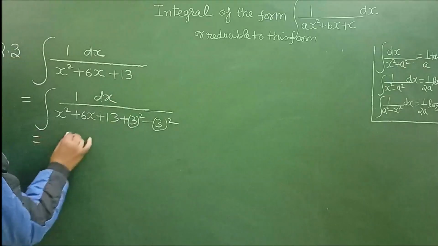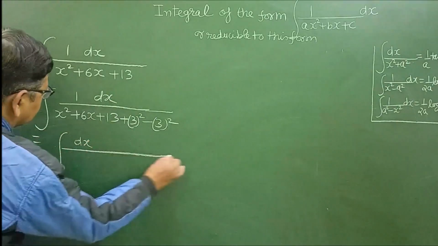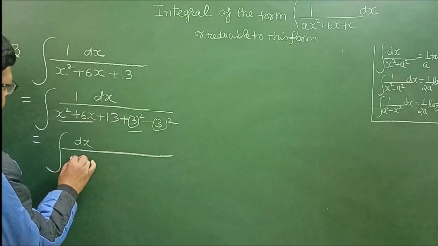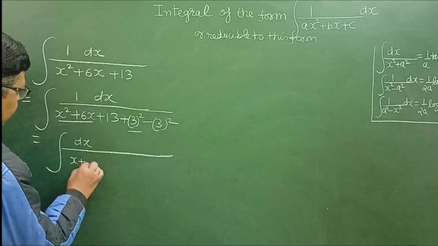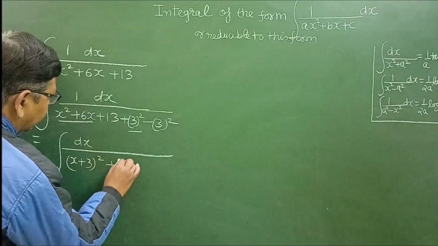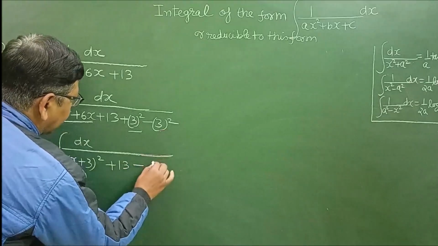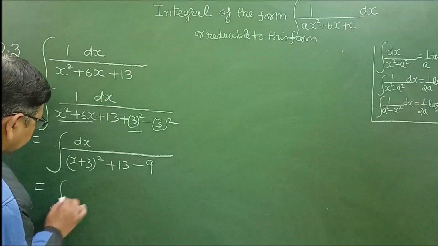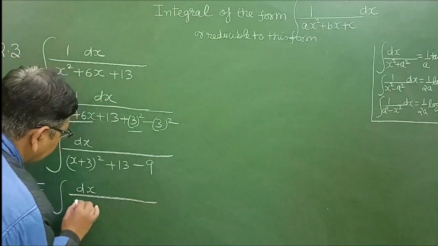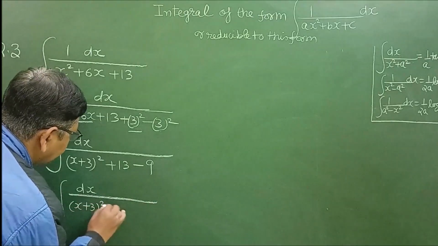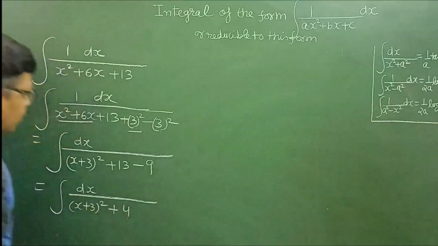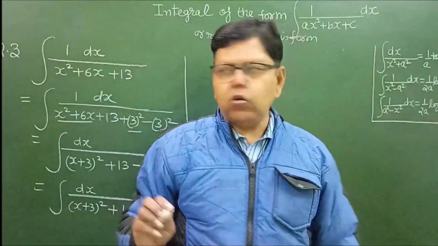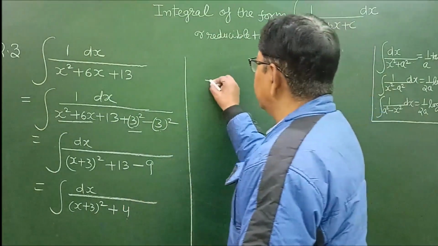So this is equal to dx upon, these three terms make the whole square of (x plus 3), plus 13 minus 9, which is equal to integration of dx upon (x plus 3) whole square plus 4, and 4 is equal to 2 square.